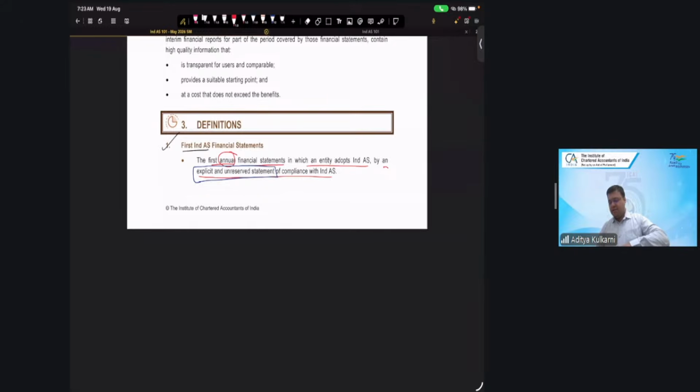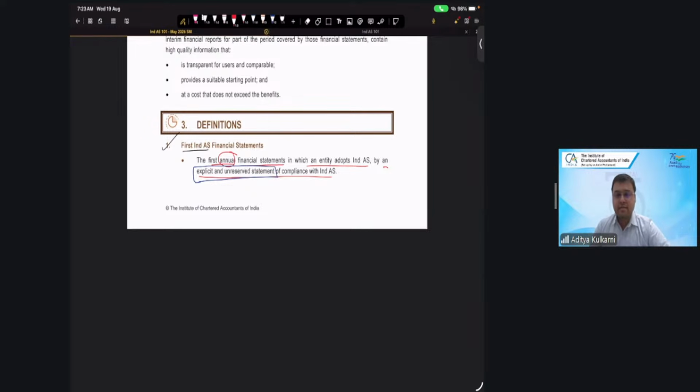These are the first annual financial statements in which an entity adopts Ind AS. So in our example, 25-26 was the first annual financial statements in which the entity adopts Ind AS.